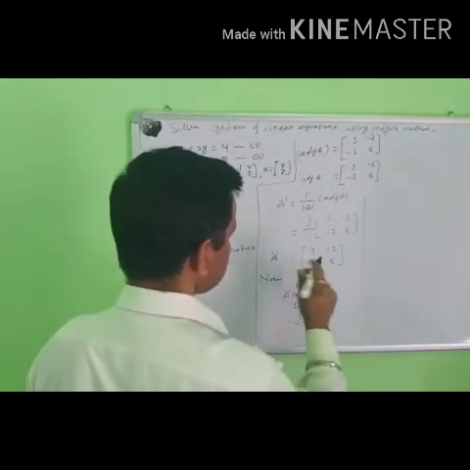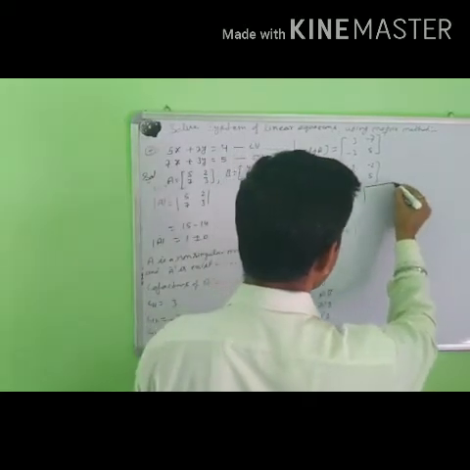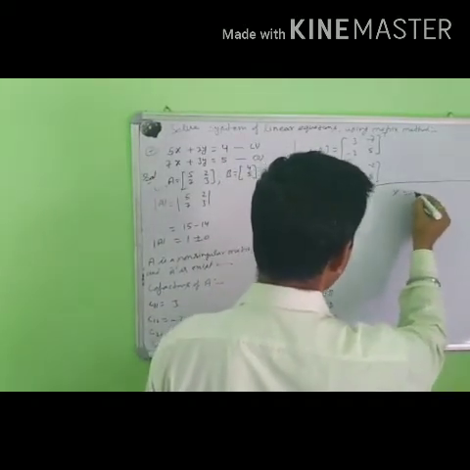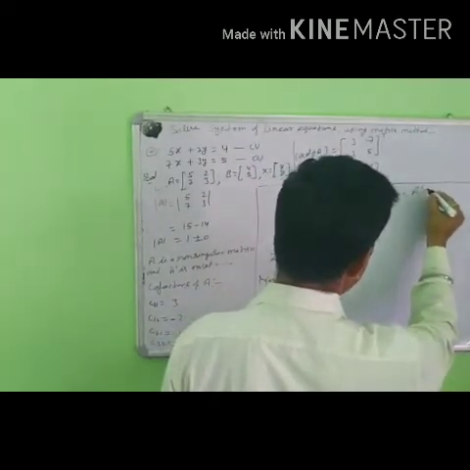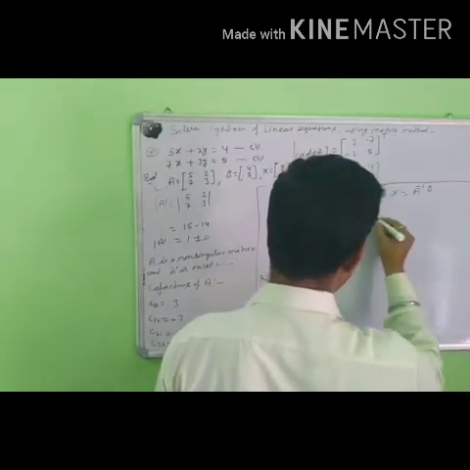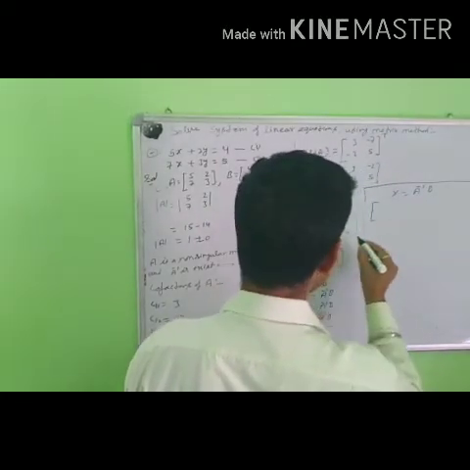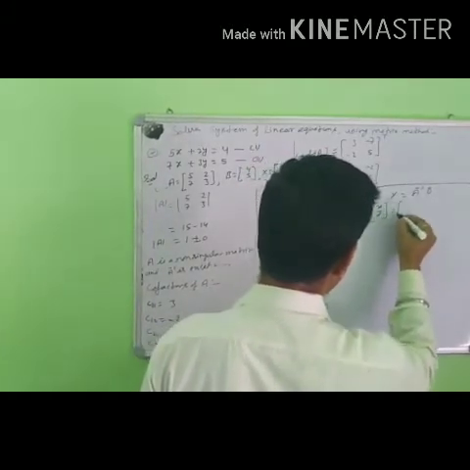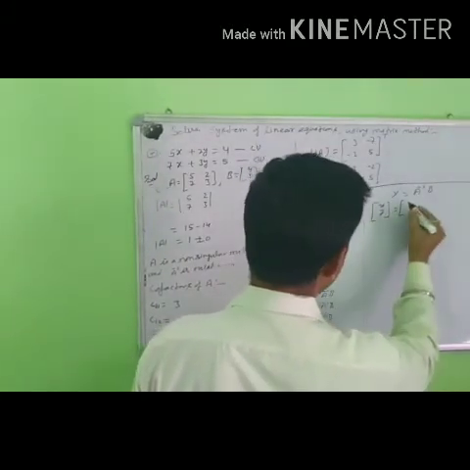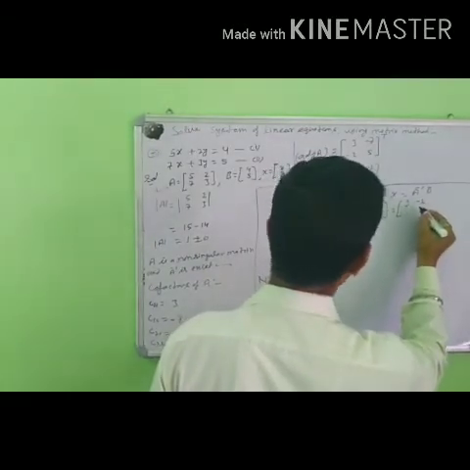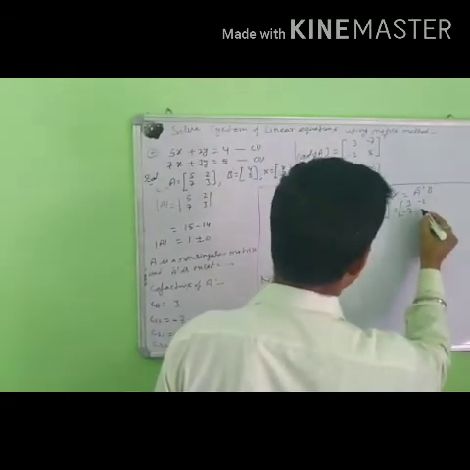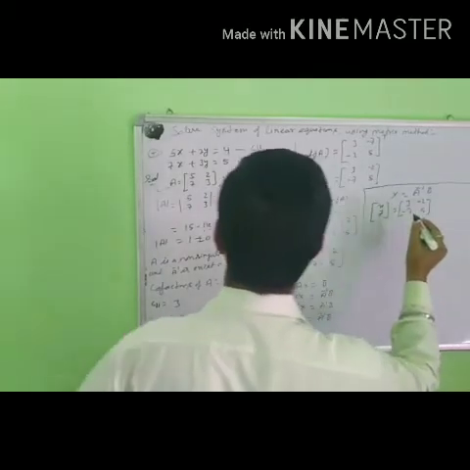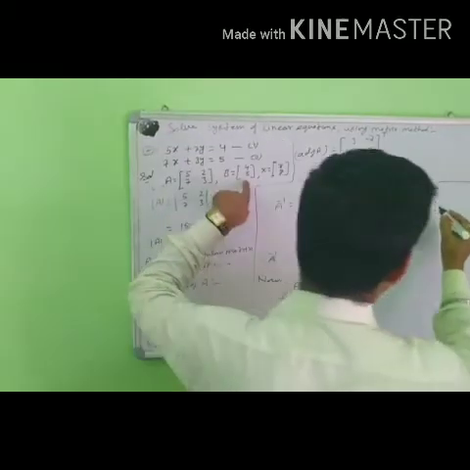What is the value of x here? X equals A inverse B. The value of A inverse here is 3, minus 2, minus 7, 5, and the value of B here is 4, 5.